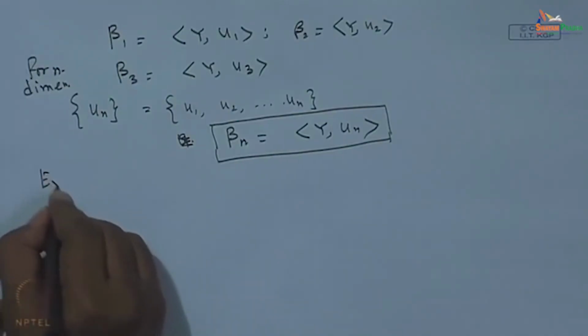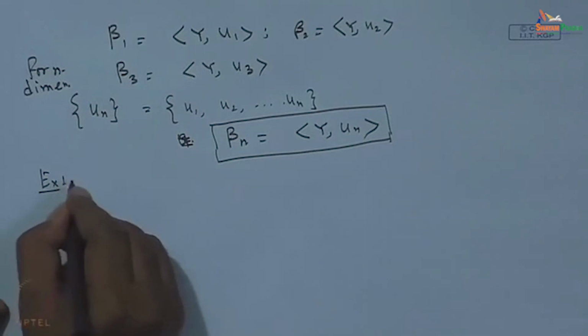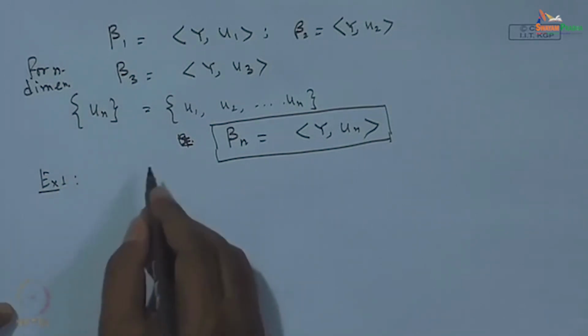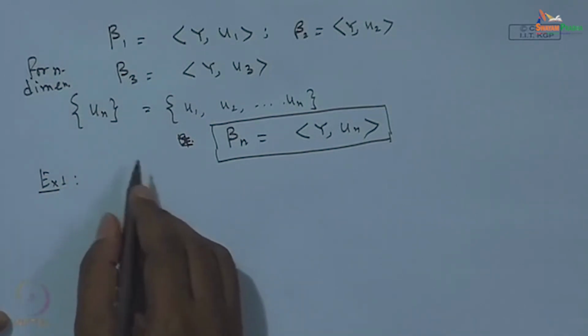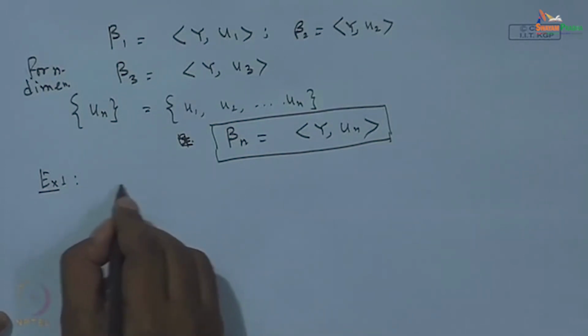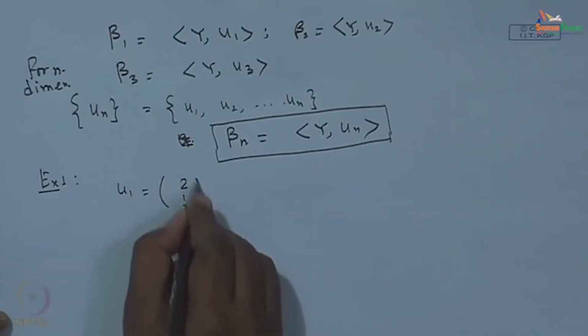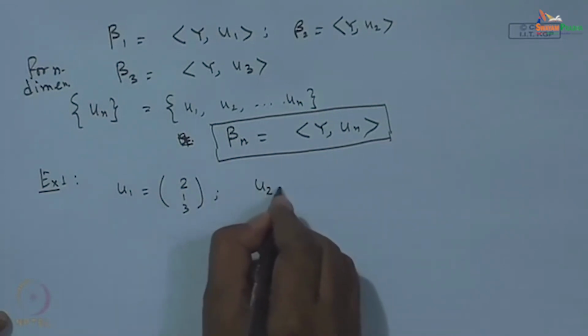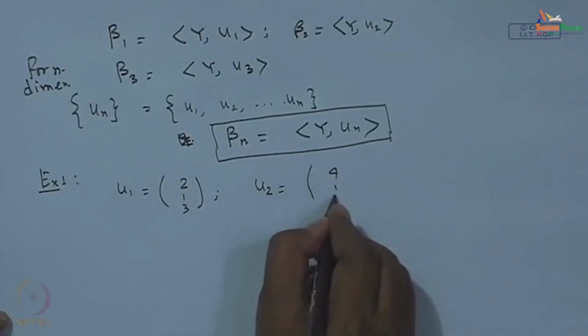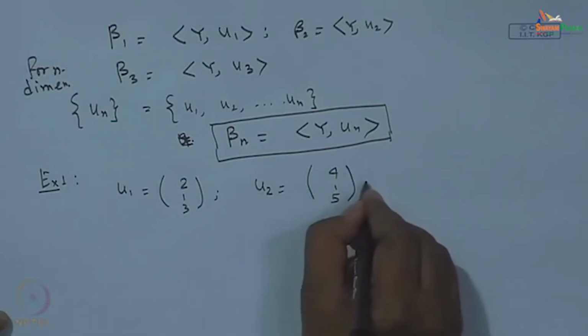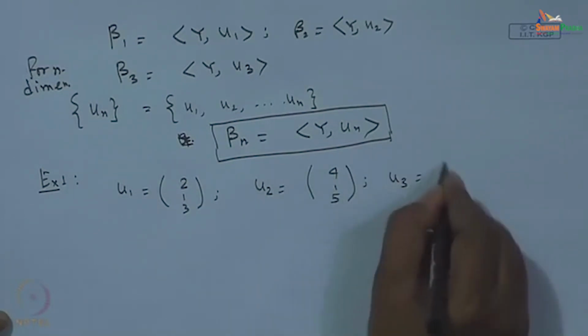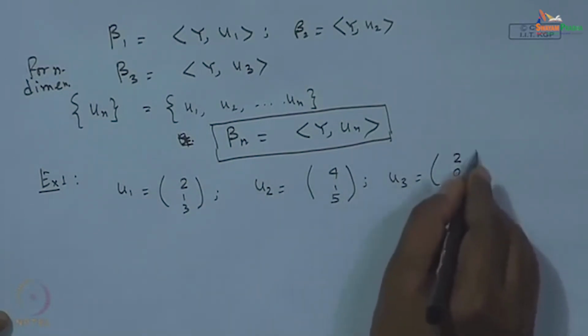So, the first example: suppose 3 vectors are given. Let us say u1 is (2, 1, 3), u2 is (4, 1, 5) and u3 is (2, 0, 2).